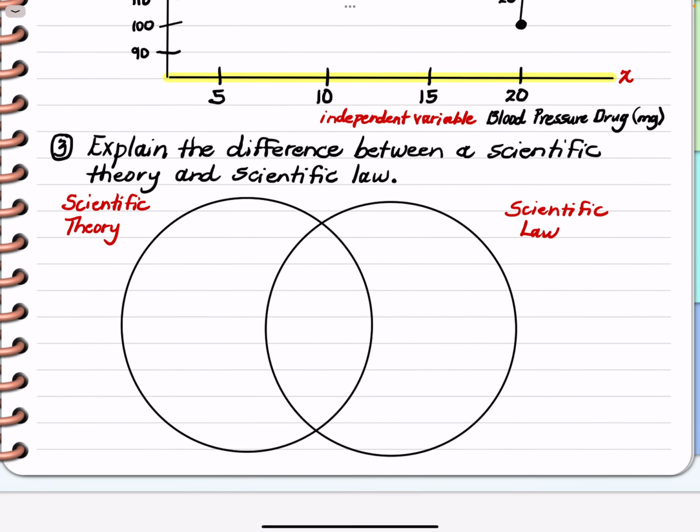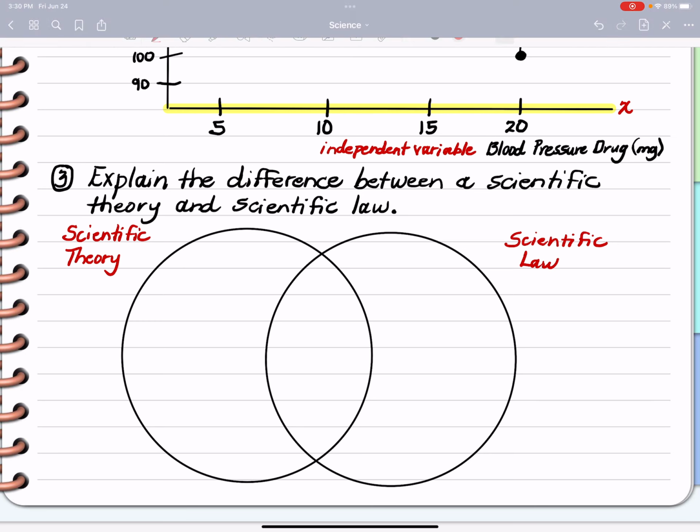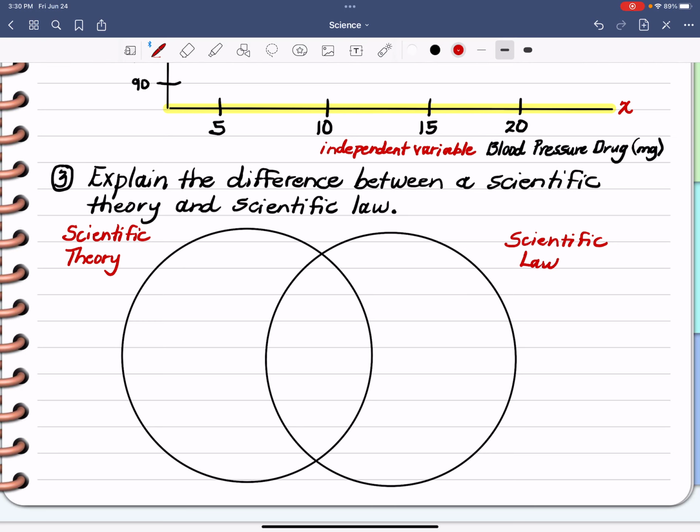So let's first of all focus on scientific theory. A scientific theory is based on what? What did our passage tell us?